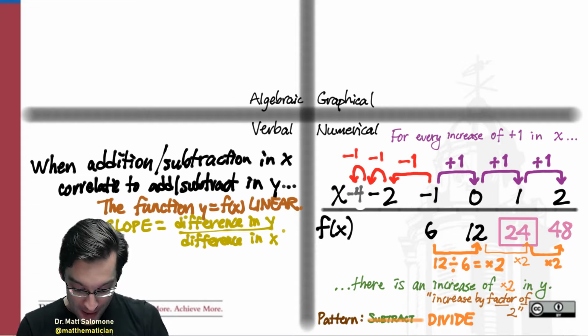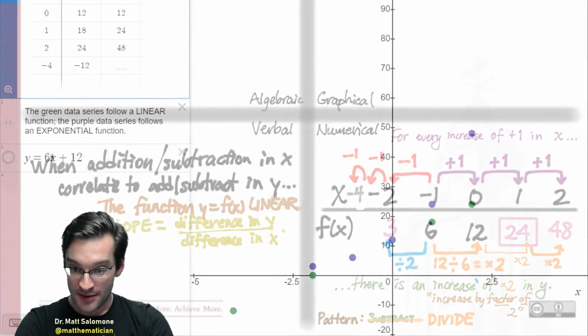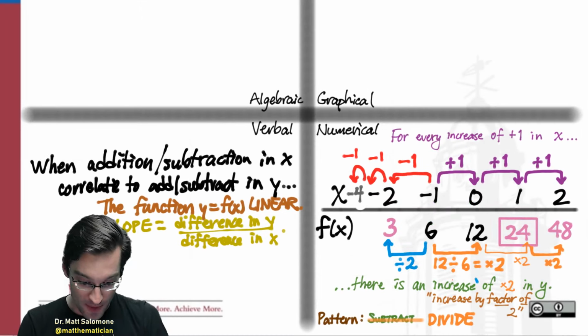When I add that data point onto my graph, take a look at how, again, we're seeing a different picture emerge here. When I follow my purple data points, we get, again, very different looking behavior. Last thing I'll do is I'll go back to this missing data point for x equals -4. For that, I would need to take 2 steps back. And every time I take 1 step back, I'm going to divide by 2.